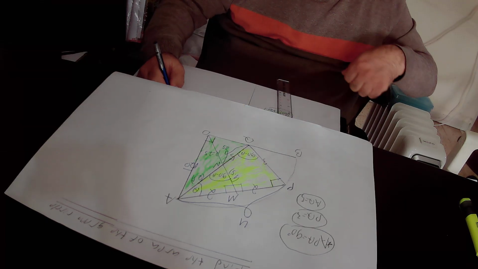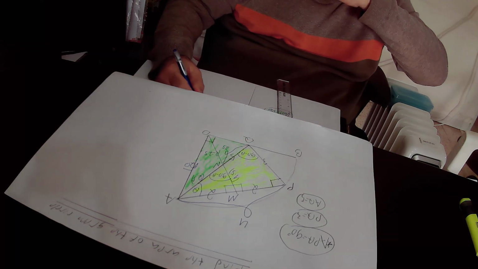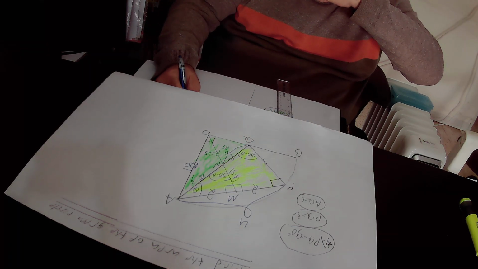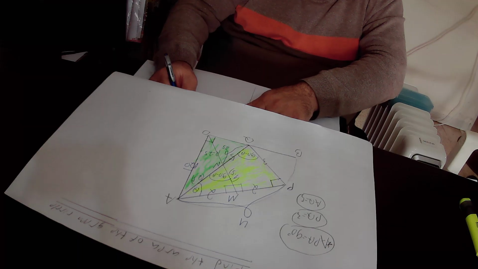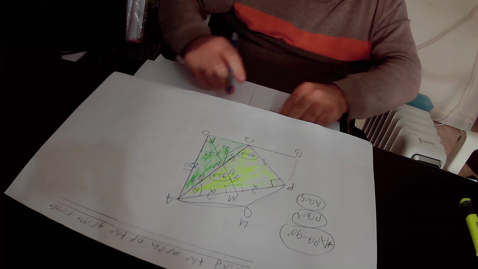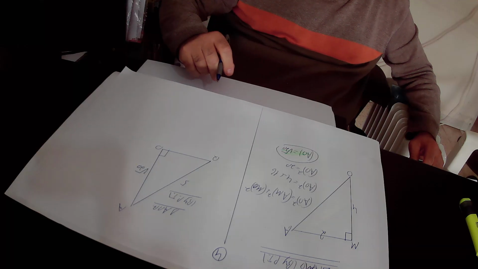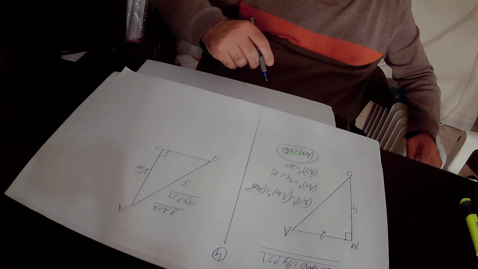AO equals the square root of 20 units, and the hypotenuse AQ equals 5 units. So this is the right triangle AOQ that I copied from the original drawing. By PT is a relation for the Pythagoras theorem.